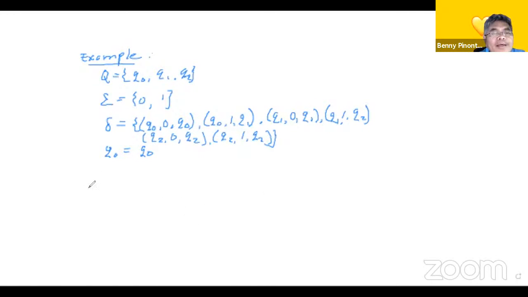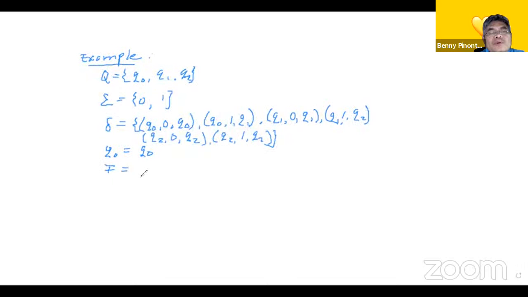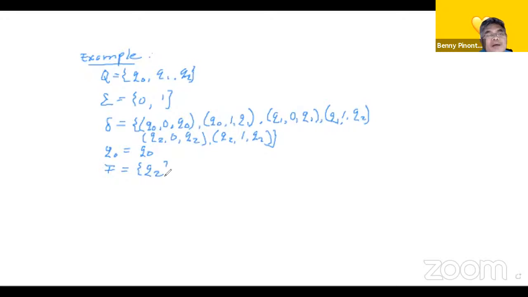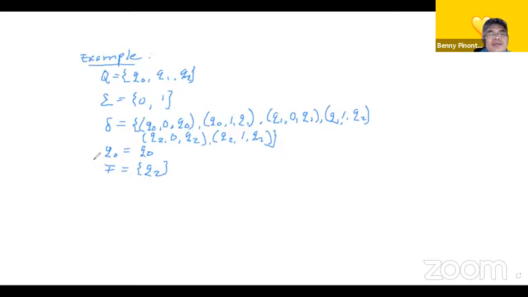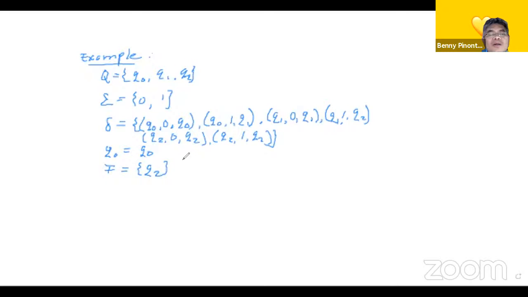Then the final state is, for example, Q2. Now, the start state is unique, but the final states can be more than one.